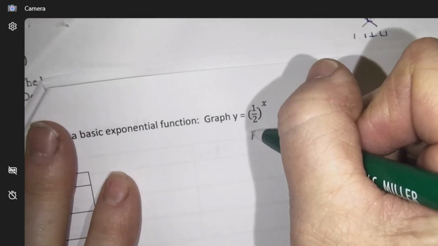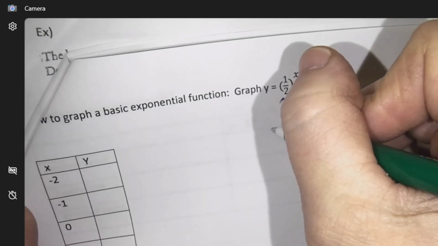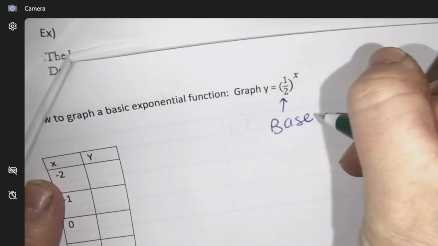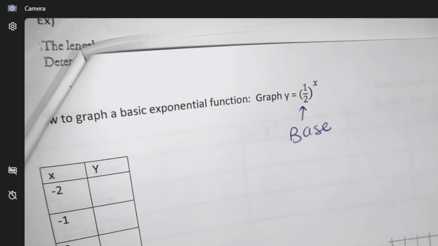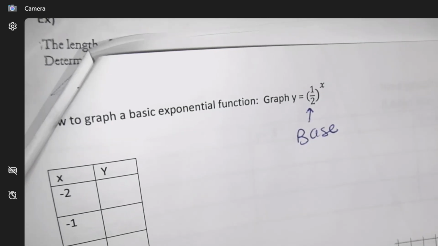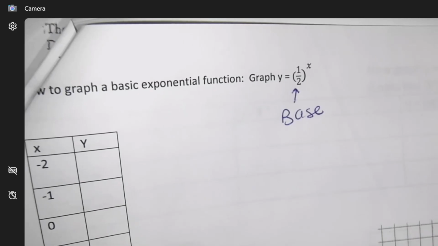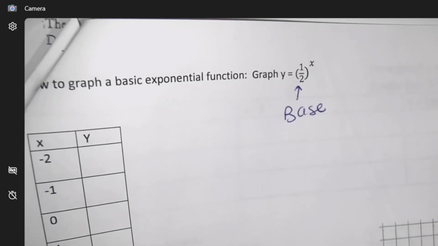Okay, next one. This time the base is 1/2. Okay, so I'm going to go over here.